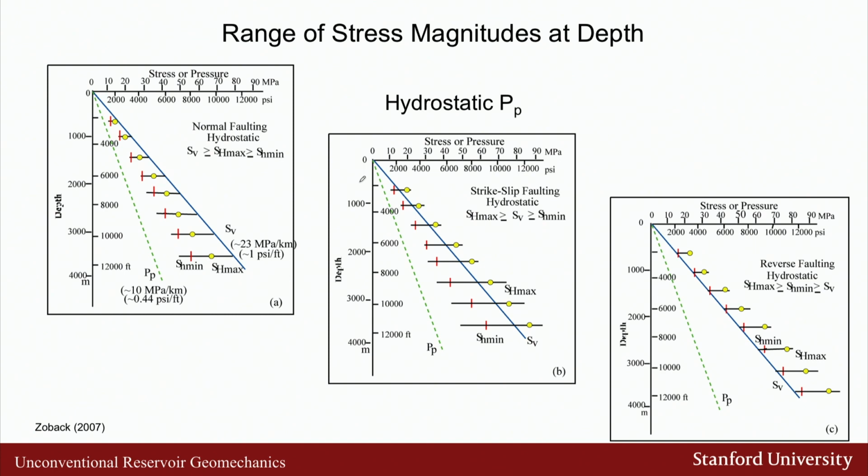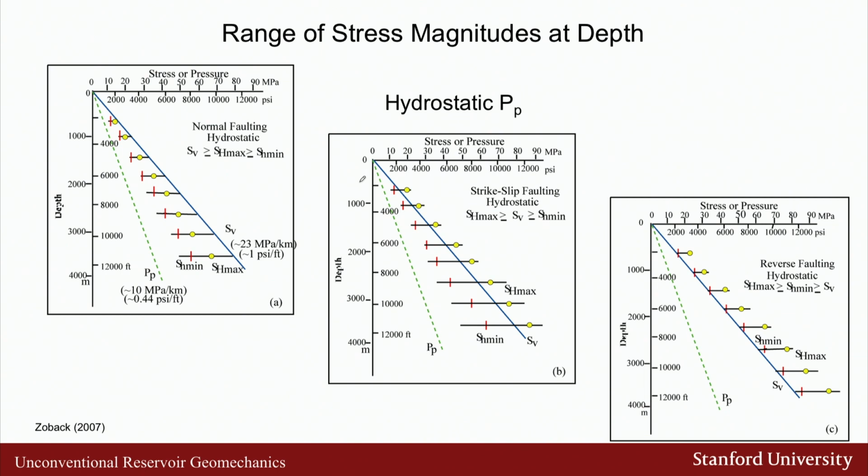Now, when we talk about stress magnitudes, we can put it into numbers for schematic purposes. And so this is what we'll do here. The vertical stress is expected to go up by 1 psi per foot, or 23 megapascals per kilometer, as I mentioned earlier.